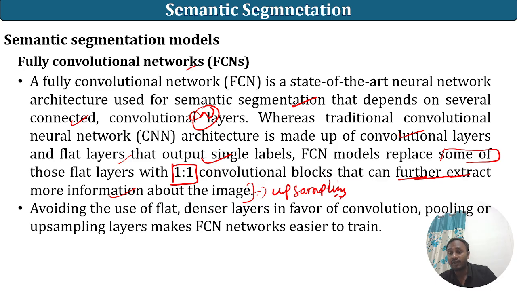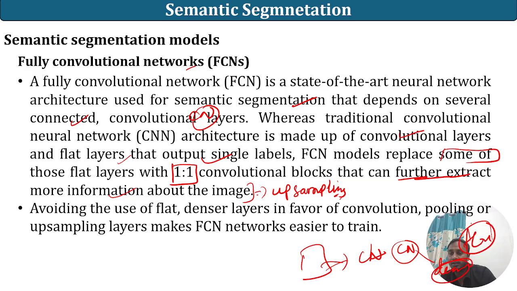What happens is we have different features: convolutional layer block one and block two, where the map size keeps decreasing. Then the flat layer, then softmax, and we give the output class.